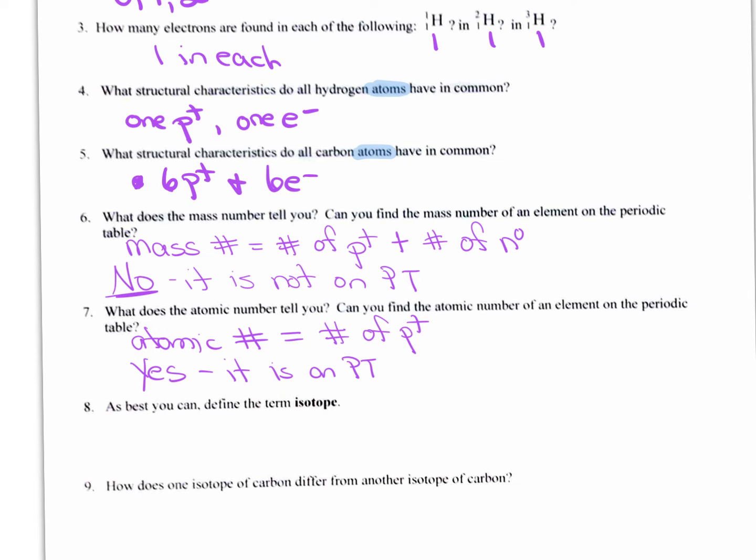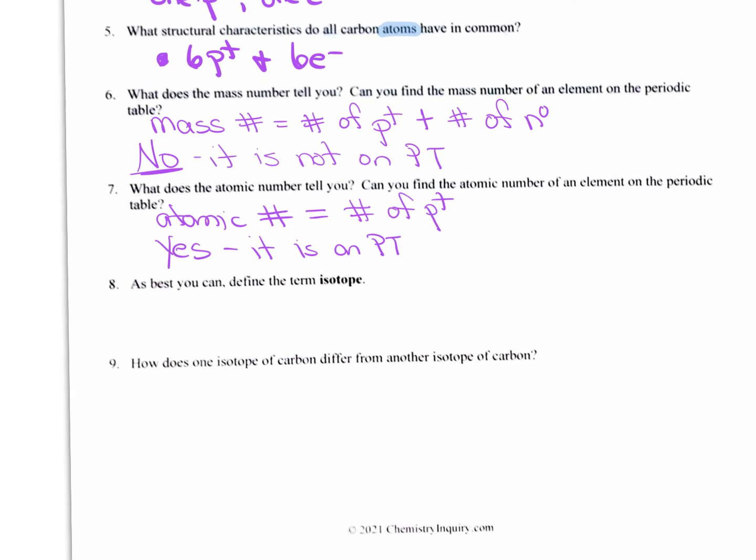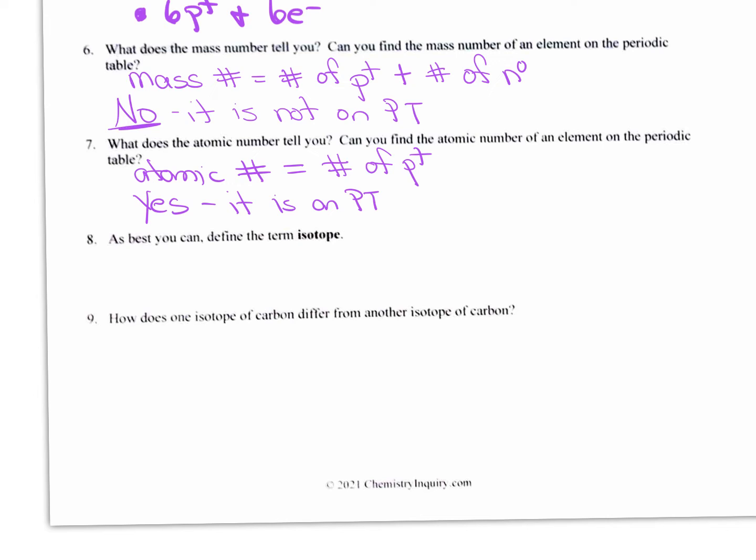And number 8, it says, as best as we can, define the term isotope. This is how I remember the term isotope, just basically going through what we just went through with this information and analyzing it. It's pretty simple to say that isotopes are atoms of the same element. We're not changing the element. The thing that's changing is the number of neutrons, so that's what we need to focus on.